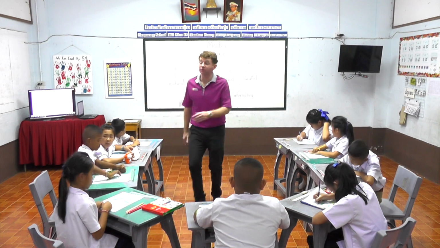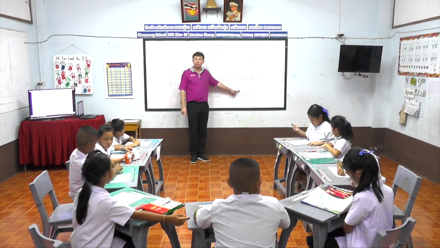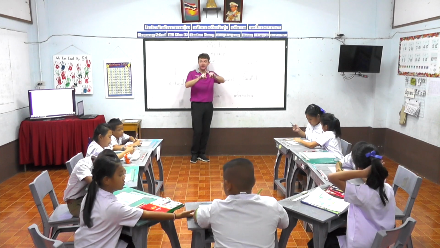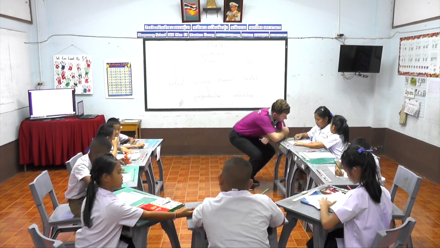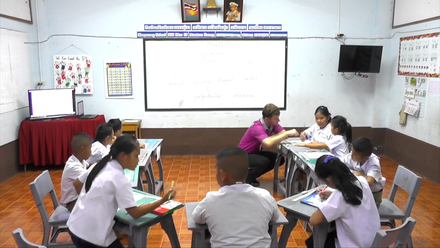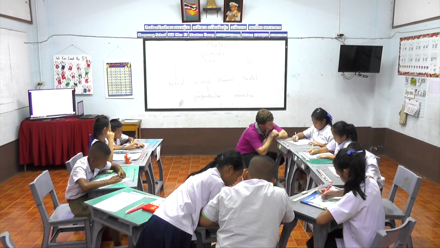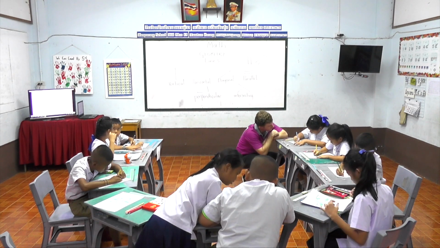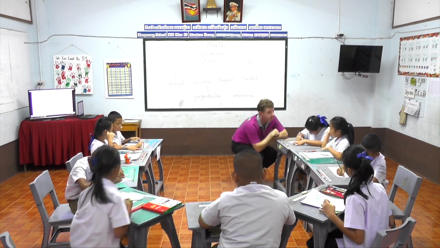Intersecting. So what happens with intersecting lines? Pak Bung, we need 2 lines that will cross, intersect. Okay. So first line, vertical, up. Perfect.